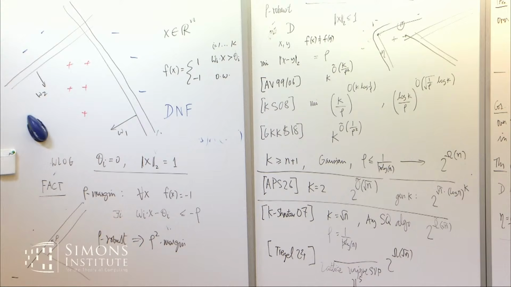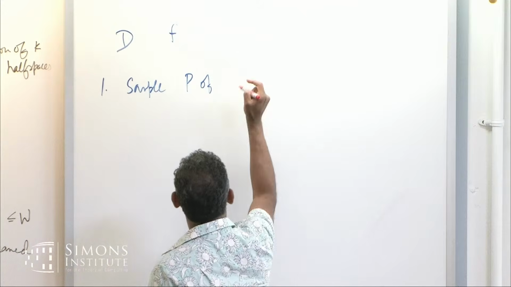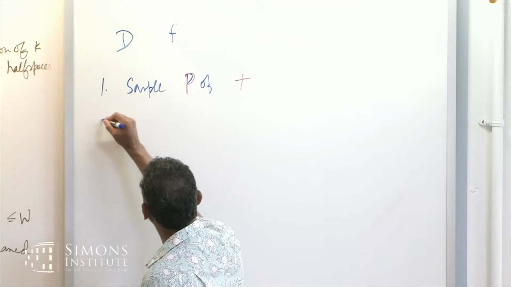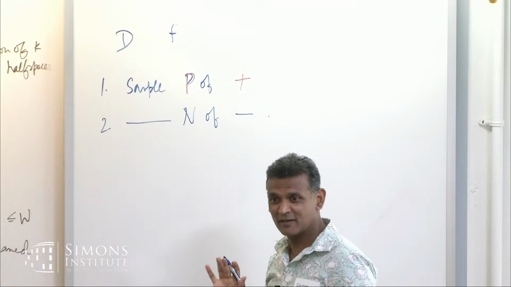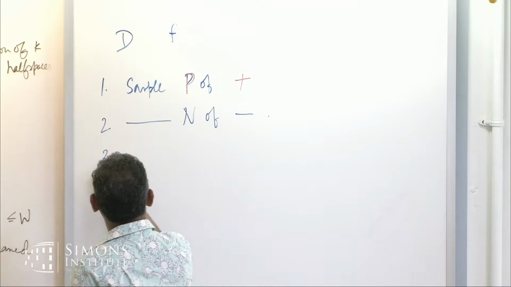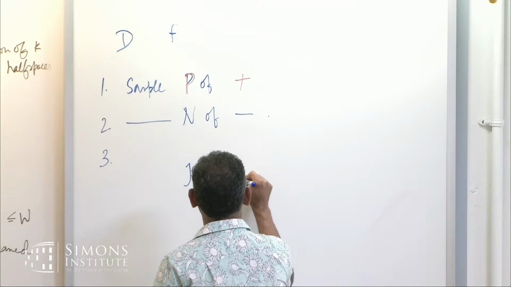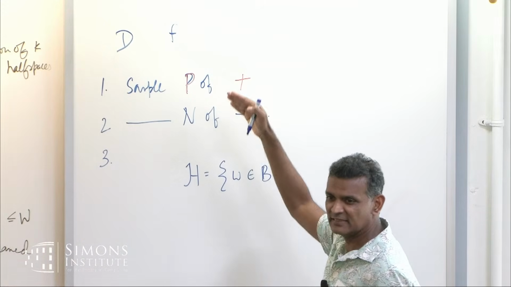Algorithm 1. We have some distribution D, and we have the function f that labels. Sample a set P of positive examples. Positives are supposed to be red, so let me stick to that. Then sample n negative examples. Then let me set up this set H, which is the set of vectors in the unit ball which correctly classify this sample.